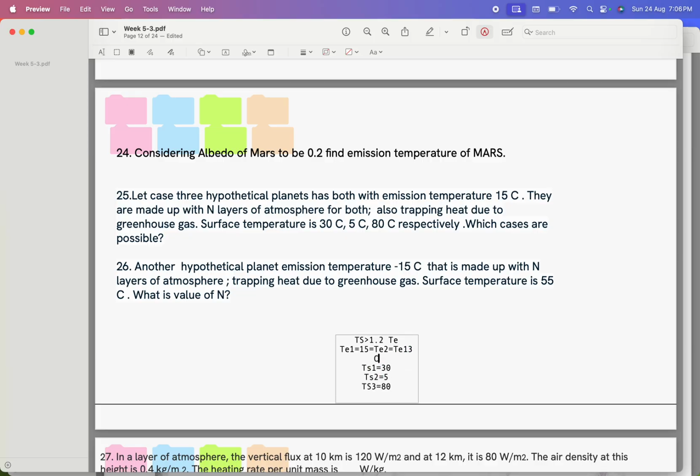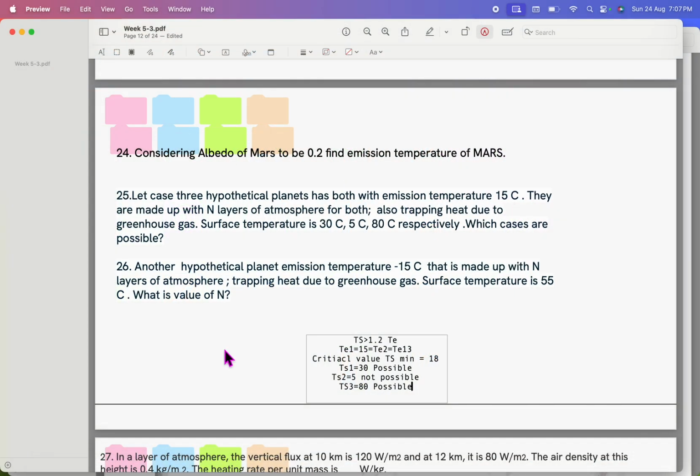So the critical value of Ts minimum would be 18 degrees Celsius. So the first case is possible, the second case is not possible, the third case is possible.